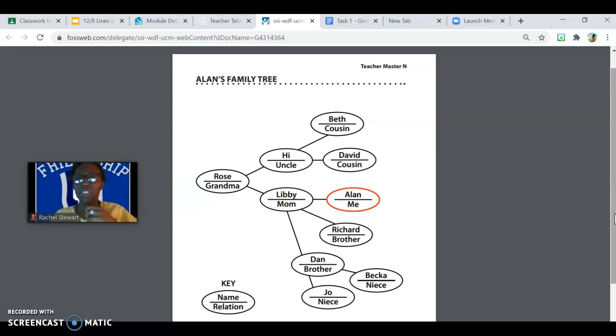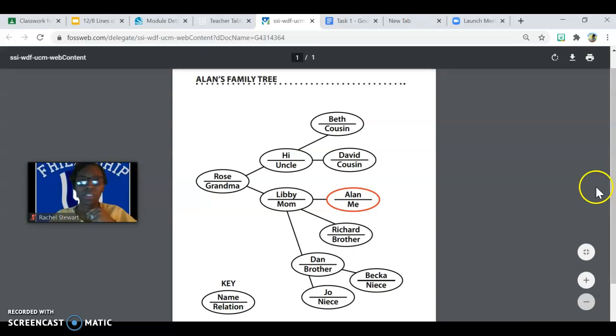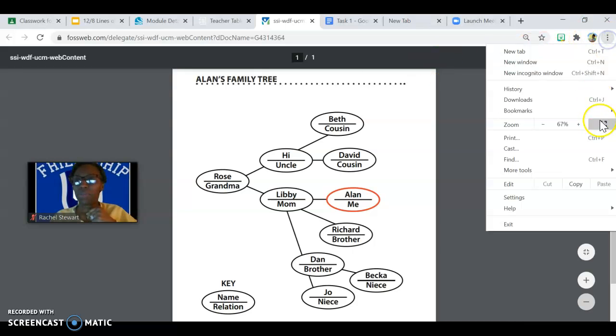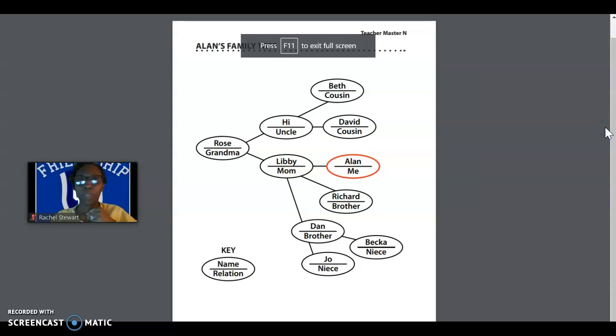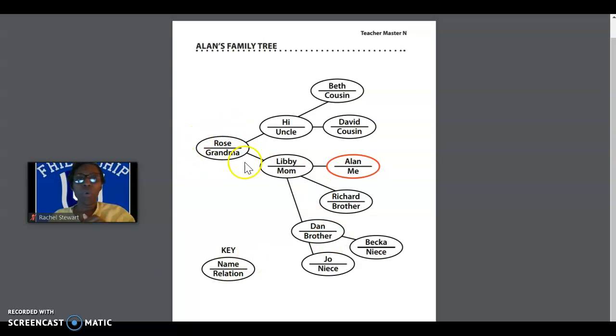If you look at this, you notice a couple of things. Let's look at what we physically notice. Let me see if I can make this bigger. Okay, yes. We physically notice some ovals, some lines, some names, and their position in the family.